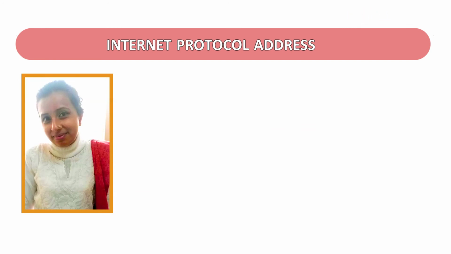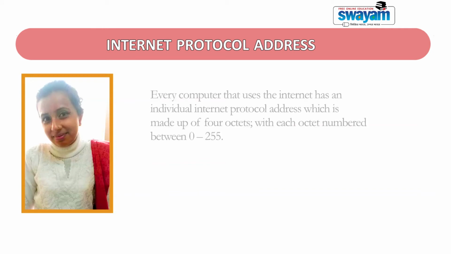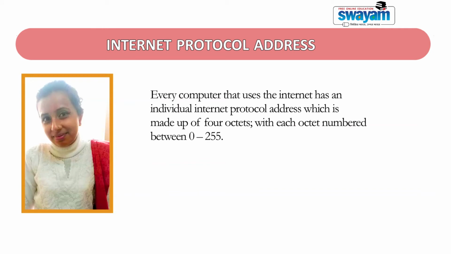The Internet Protocol Address. The Internet Protocol Address, or the IP address, is that every computer that uses the internet has an individual Internet Protocol address, which is made up of 4 octets, with each octet numbered between 0 to 255.